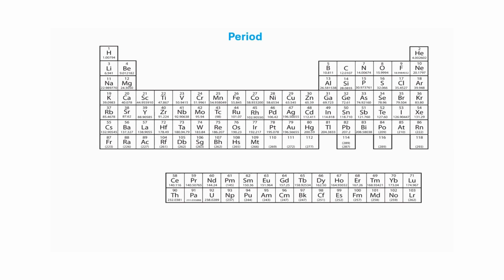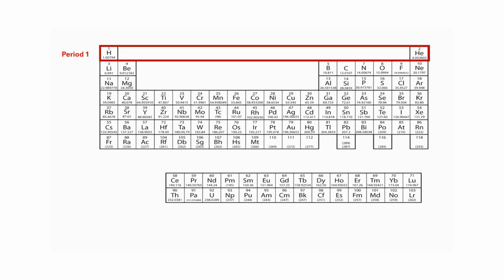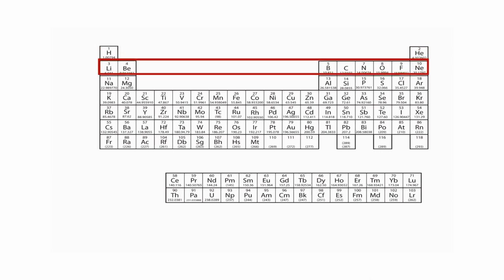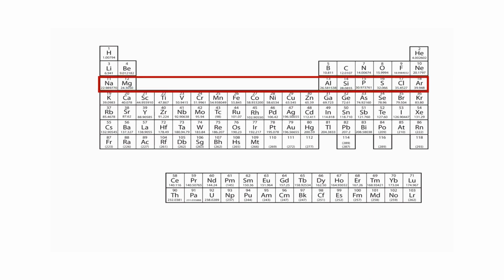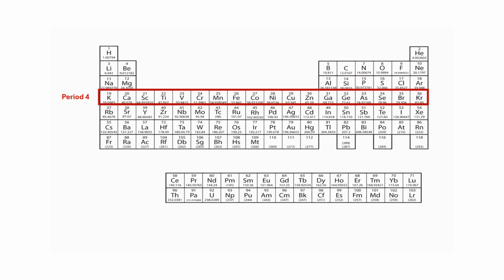Now let's shift our attention to the period. So we have period 1, which extends from hydrogen to helium. Period 2. Period 3, we have sodium, magnesium. Period 4, potassium, calcium.